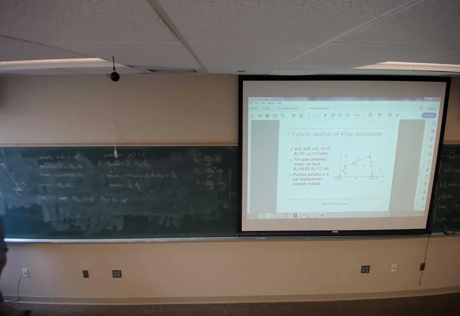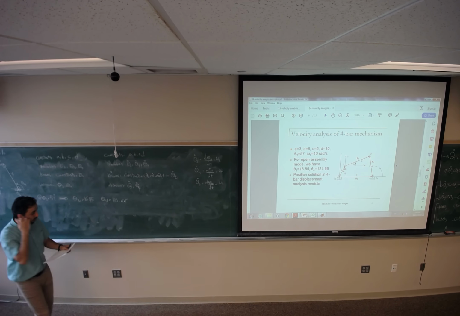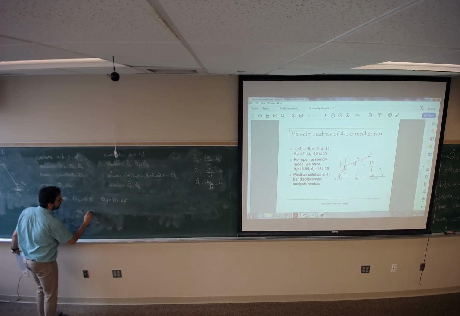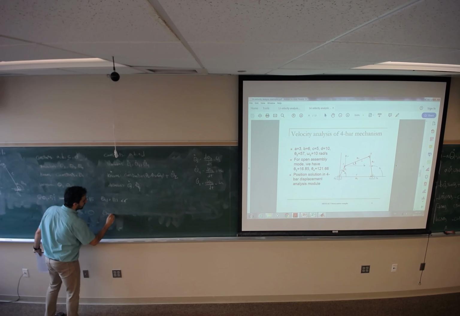Let me see if I have the second. No, I don't. So there is another mode for that. I don't have the information for that, but it should be something here and something there, if you solve it.